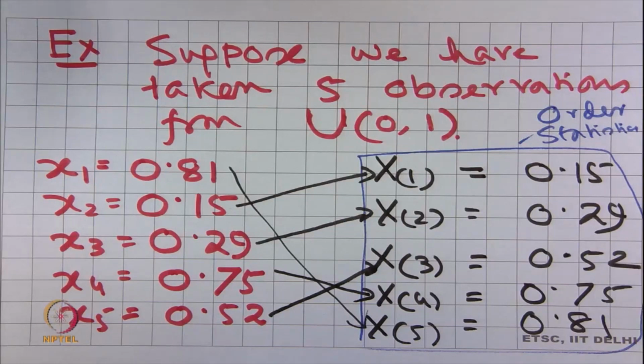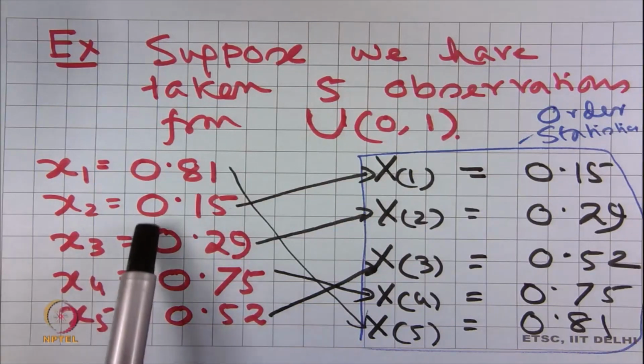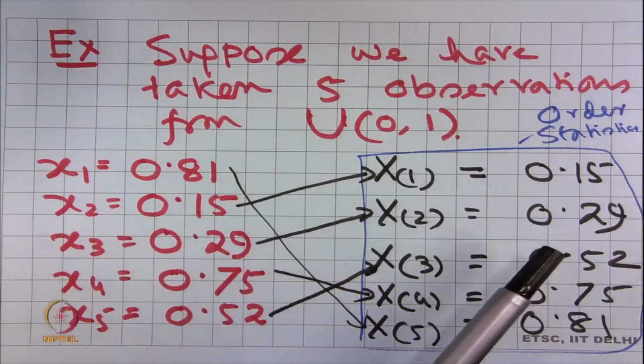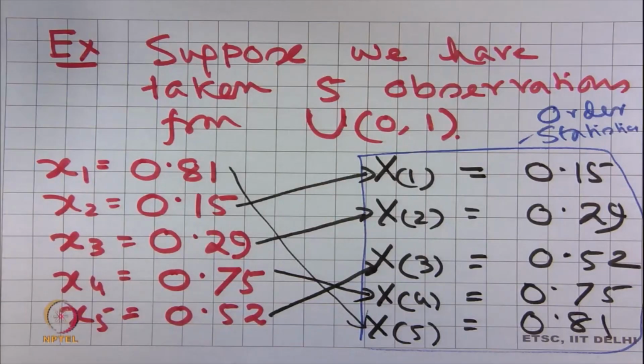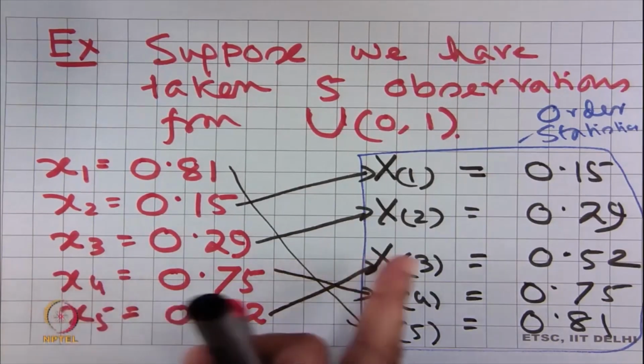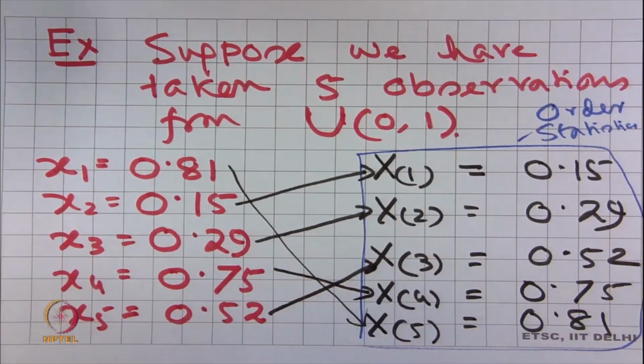In fact, this is not the only sample that generates this. Since there are 5 observations, we can have factorial 5 many different orderings of the observations, each of which will give rise to the same order statistic.